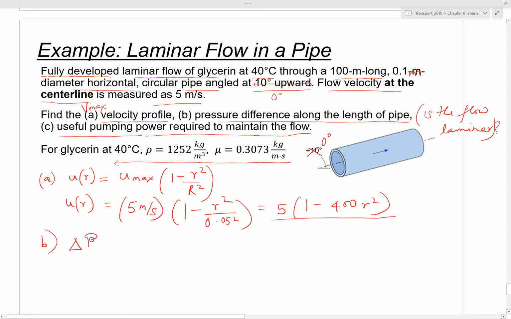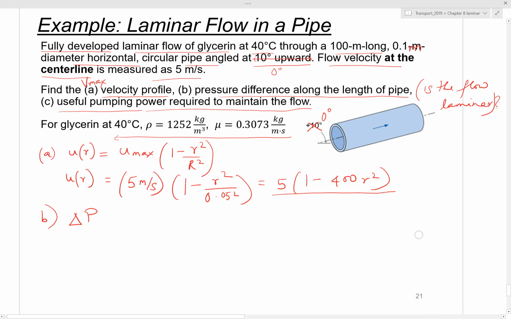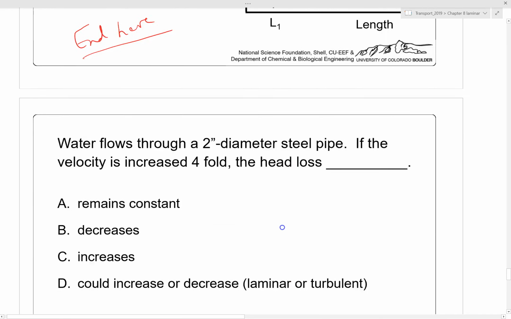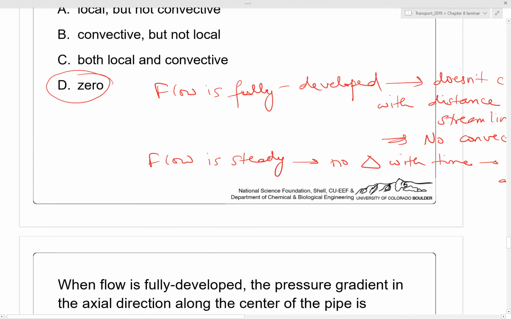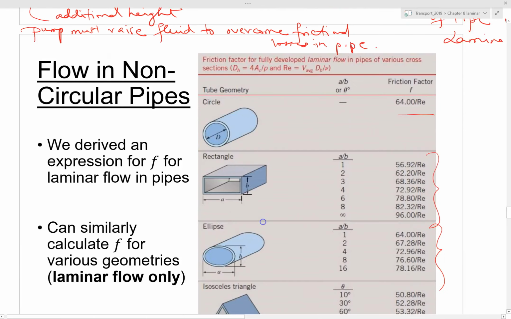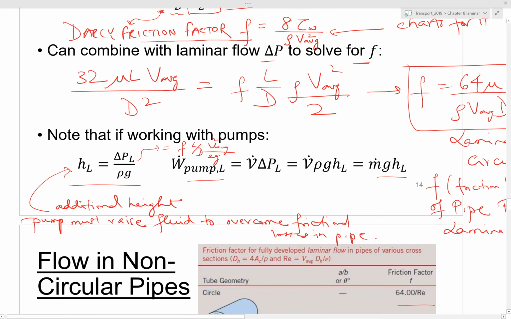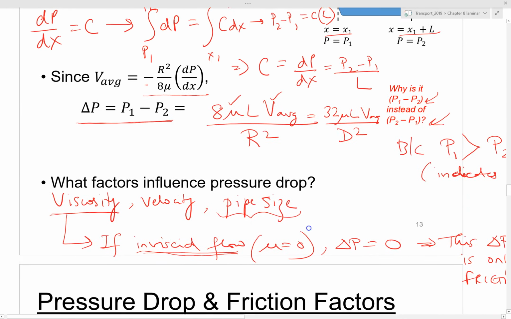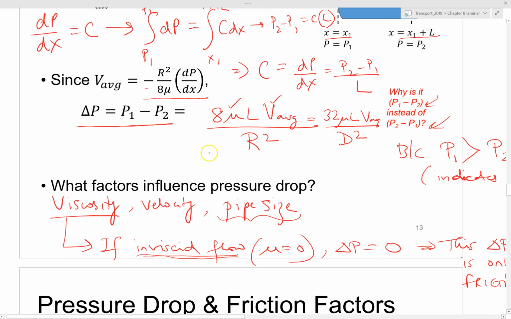Now let's look at the pressure difference along the length of the pipe. So for this, go back to your notes from the past. We looked at, if you remember, this expression, delta P as a function of average velocity, length, and the radius of the pipe.